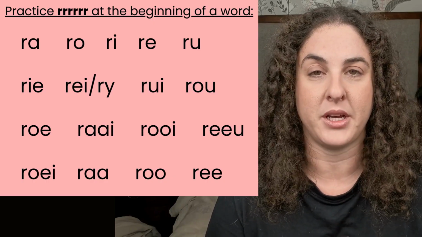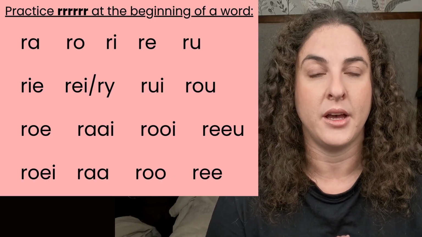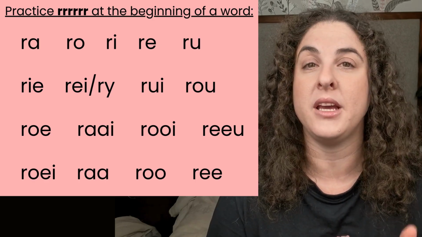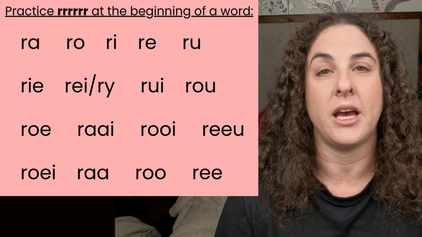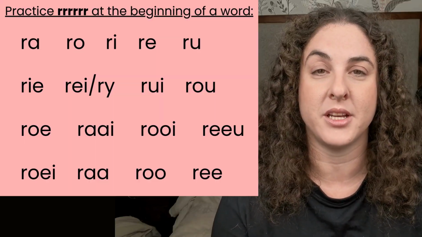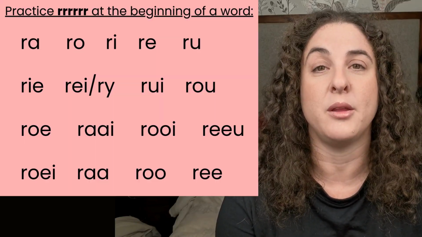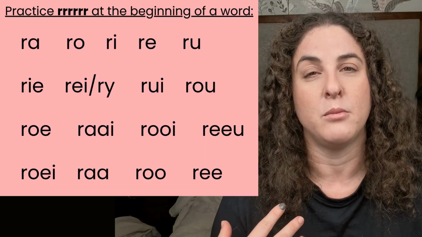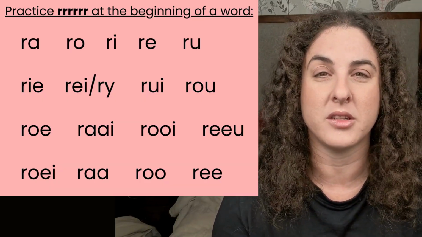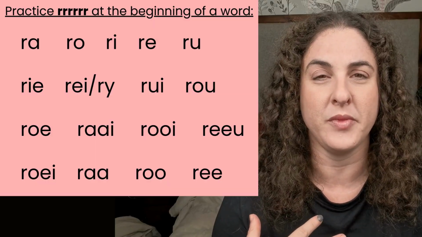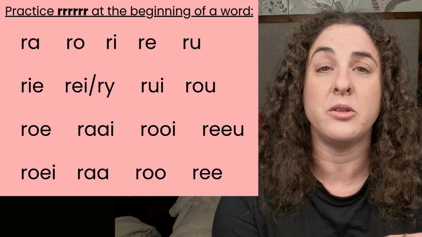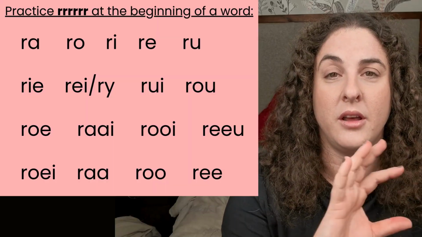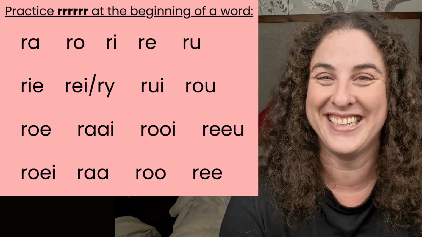Your next step is to practice the r sound in the beginning of Afrikaans words. And you begin by practicing it in combination with the many different vowels that we mostly use it with. There are some of the vowels that don't ever follow a r sound.